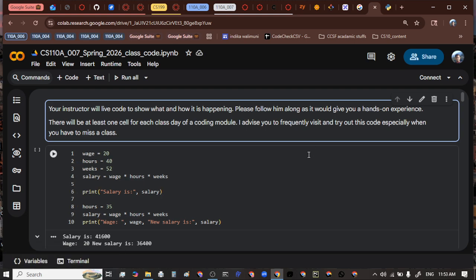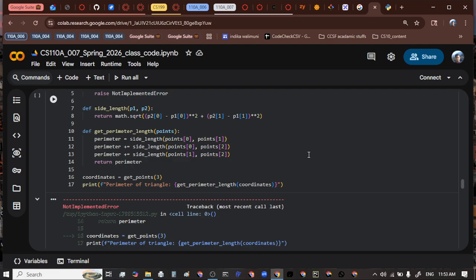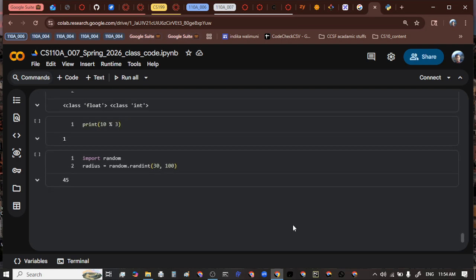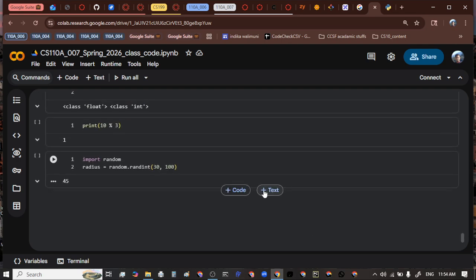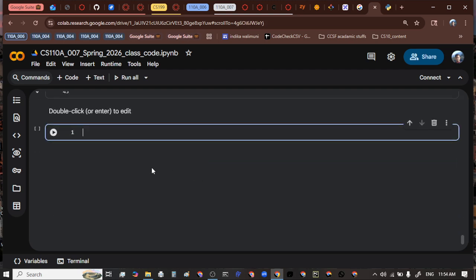All right, so I'm going to import the math module, so you'll actually have to use it.